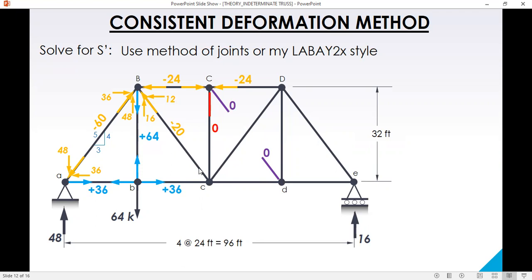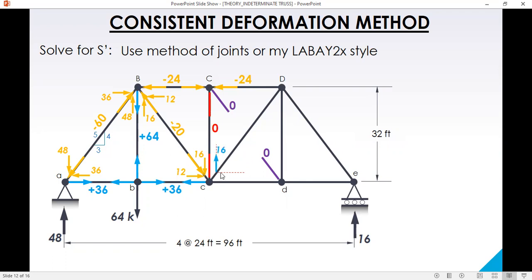After this, joint C, having two unknown members. So these components, labay, transfer. 36 transferred also. And then 0. And then the diagonal, get the components. We start again with the vertical. 16 downward will be balanced by 16 upward.